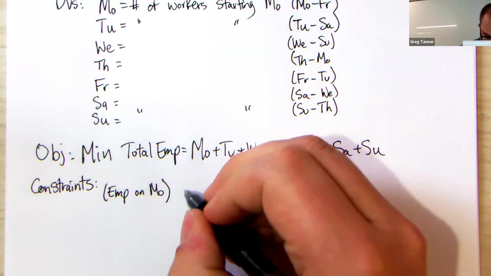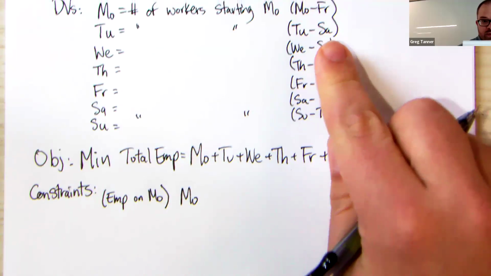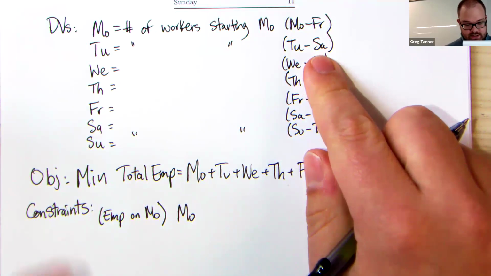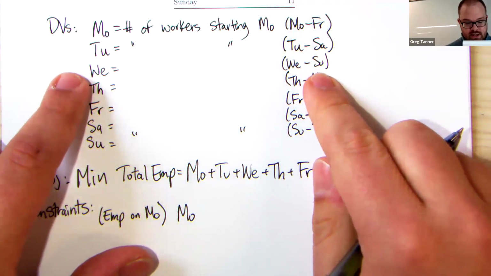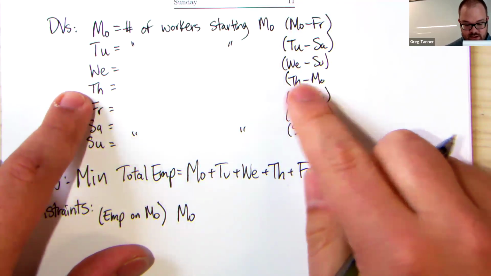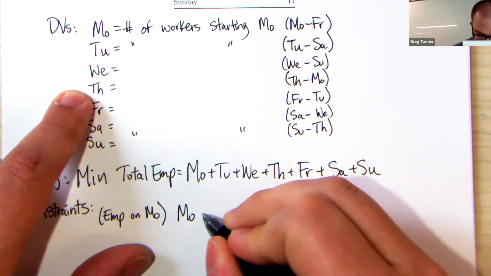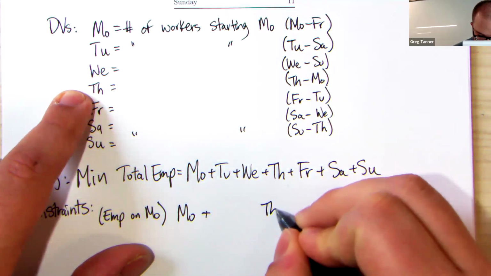Okay, so if you start on Monday, you're working on Monday. If you start on Tuesday, you're working Tuesday to Saturday, and Monday's actually one of your off days. So we can kind of skip Tuesday. Wednesday workers have Monday as an off day. Thursday starting workers work through Monday. And so Monday plus, I'll leave a gap here and jump over to Thursday.